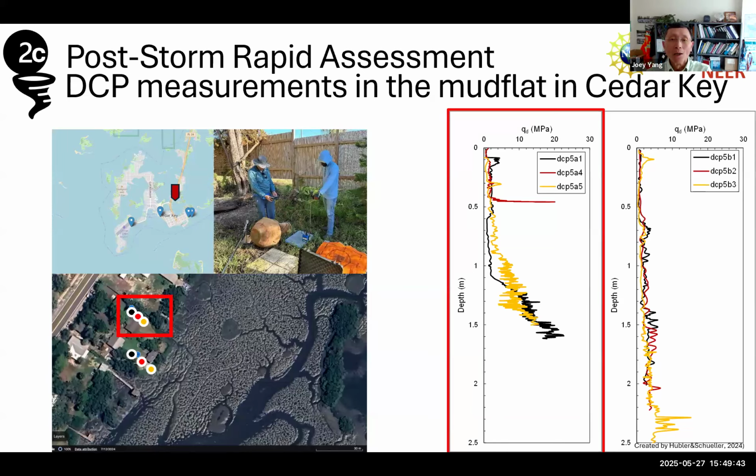You know, the difference. For folks in the audience, including me, I'm not that familiar with DCP, but I'm very familiar with CPT. Which one would be better, or should we do both for in situ testing, to help with the trafficability?